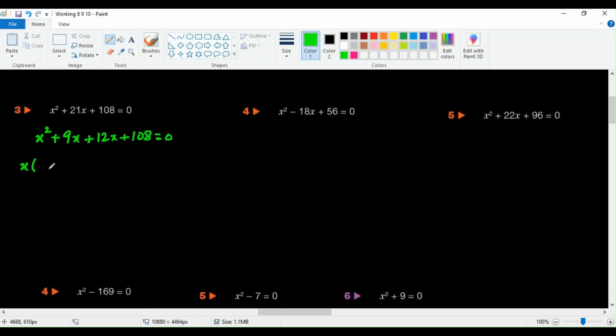So in the first one I will write x plus 9, copy down x plus 9 once again, equals 0, and plus 12 you'll write here. So x plus 12 comes in one bracket, and another bracket is going to be x plus 9 equals 0. So the roots of this equation are going to be x equals negative 12 and x equals negative 9.